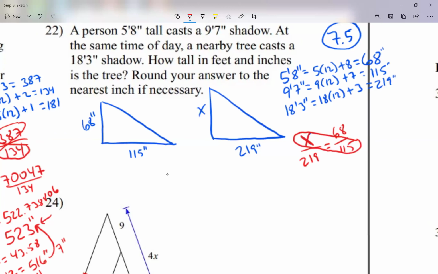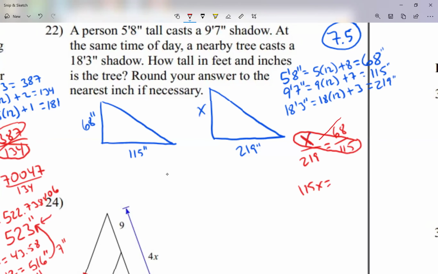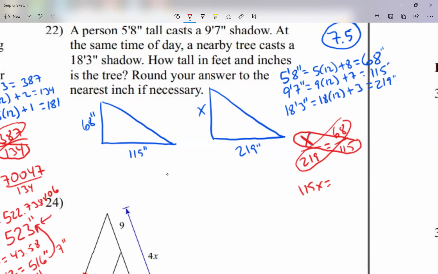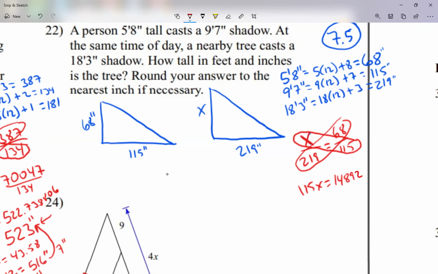115 times X is 115X. 68 times 219 is 14,892. Let me divide both sides by 115. And it gives me 129.4956, yada yada yada.